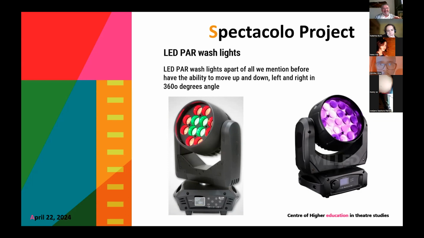This demands 9 fader controls, 5 for the colors and 4 to go up and down and left and right. So this is more complicated. We can send the light here or there by moving the controls of light up and down, left or right. And we can control also the color as I explained before.